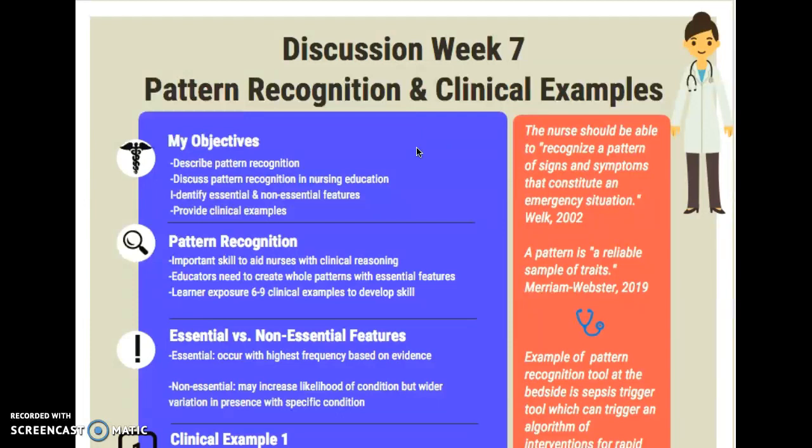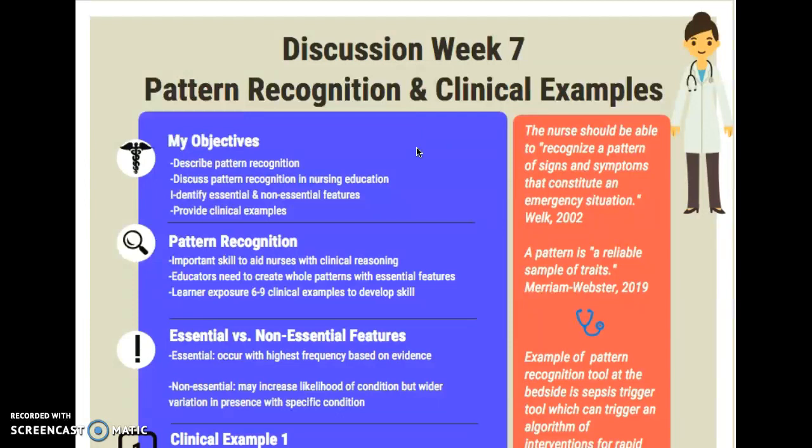So basically, I think it's different than teaching a specific hands-on skill. It's actually an exercise for developing critical thinking. And so you have to present the whole pattern each time you present the clinical example in order for the pattern recognition training to take hold in the nurse's thought process.